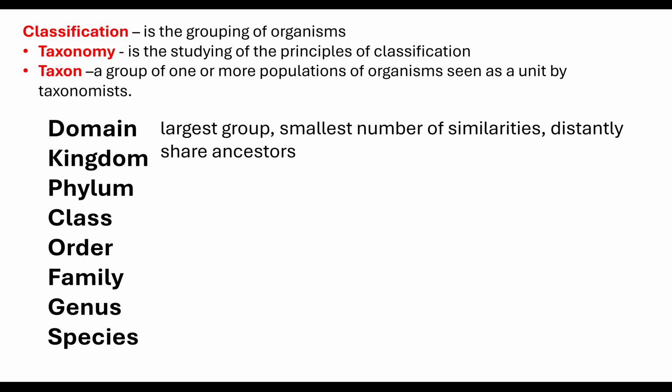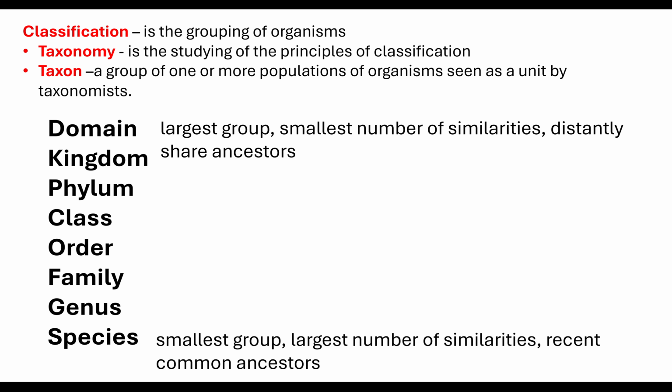Now, when we work our way down through the taxons, from the kingdom to the phylum to the class to the order to the family to the genus, then species, what we get to is the smallest group. So the smallest group is the species level. This is the one that has the largest number of similarities, and therefore the smallest group of organisms are held within this species.